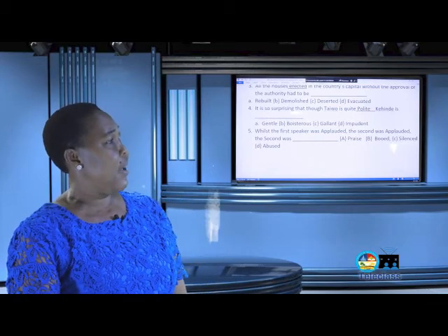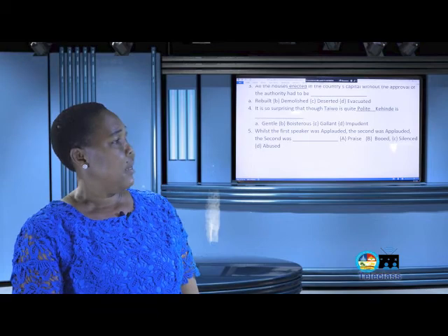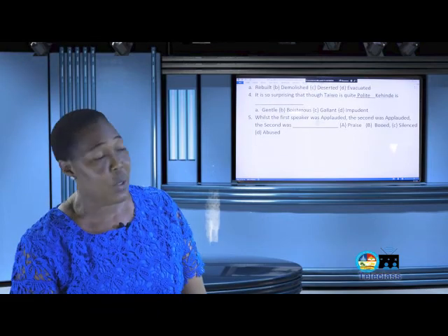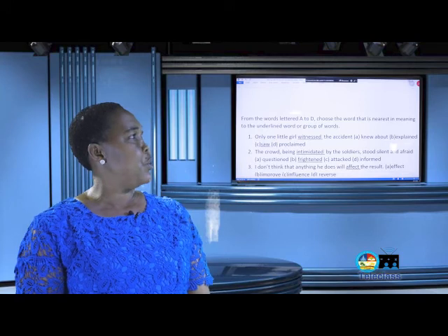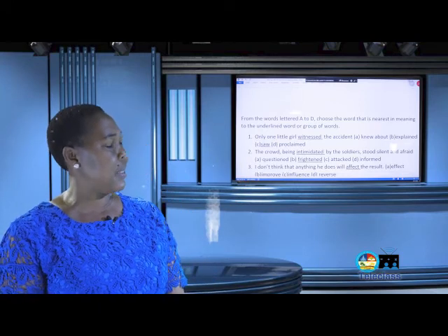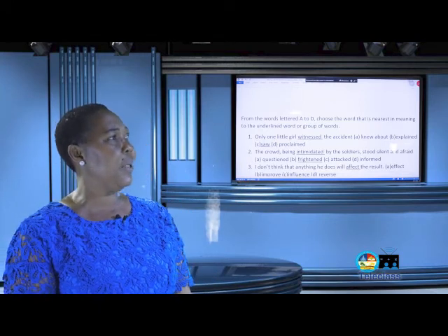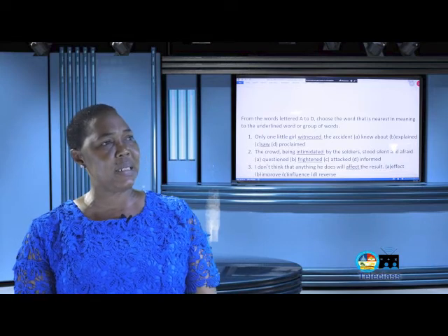Then we continue with our exercises. This one is on synonyms. From the words lettered A to D, choose the word that is nearest in meaning to the underlined word or group of words. 1. Only one little girl witnessed the accident.